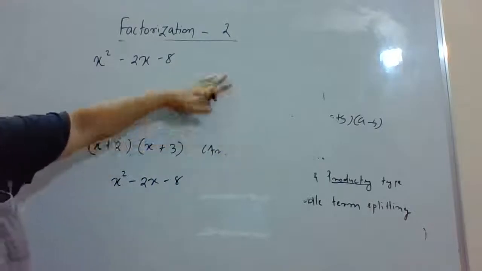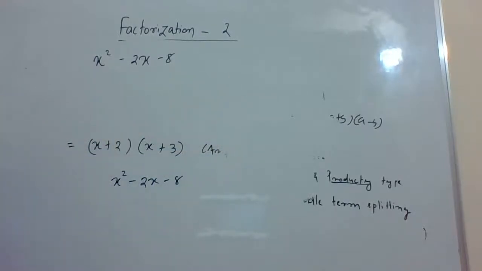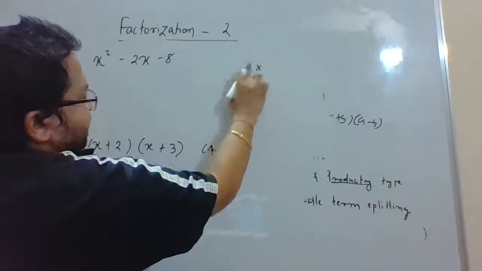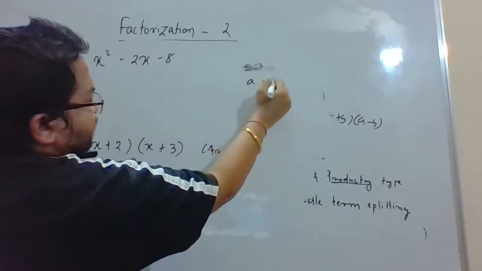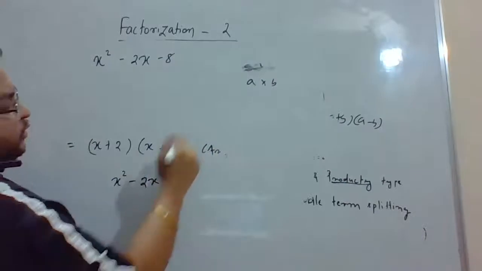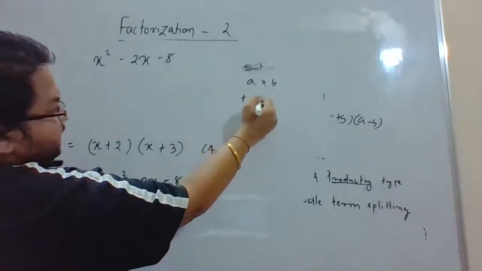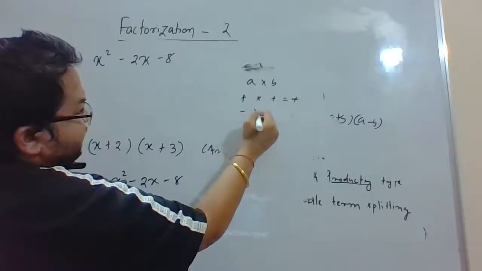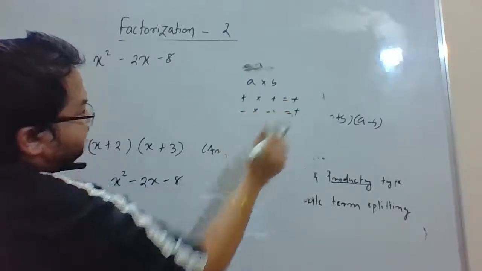Now another interesting thing, if you see, the last term is a product of two things, right? So if it is a into b, positive into positive is always positive, and negative into negative is always positive, right?